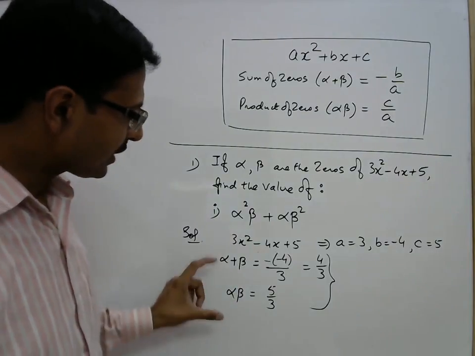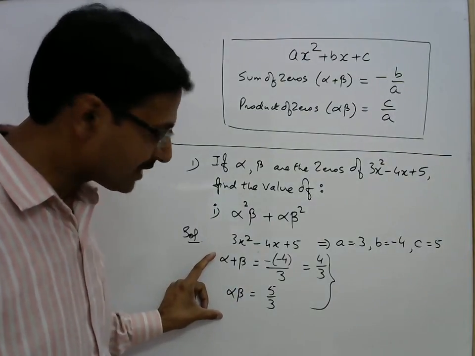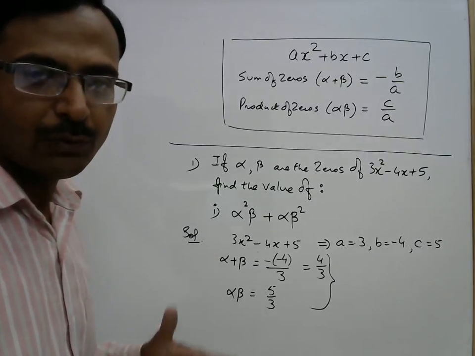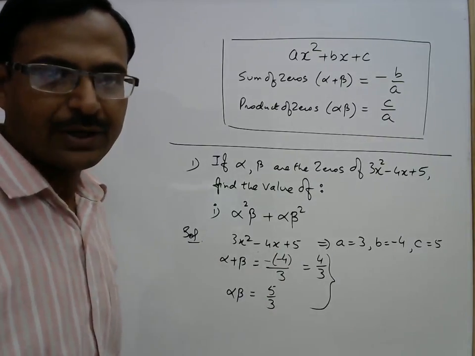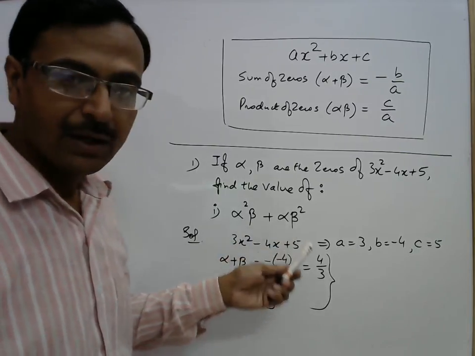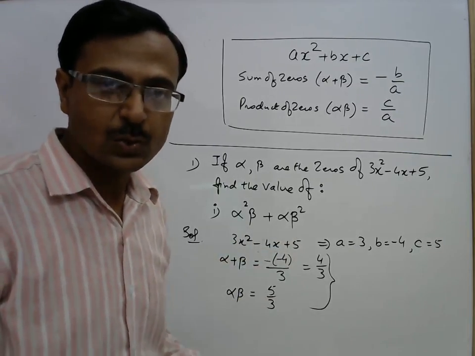So based on that concept, I have found the value of alpha plus beta and alpha beta. And now we can find out what is required. Now the required thing is we have to find the value of alpha square beta plus alpha beta square.